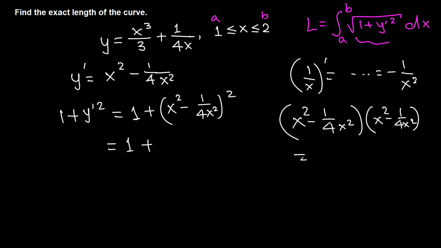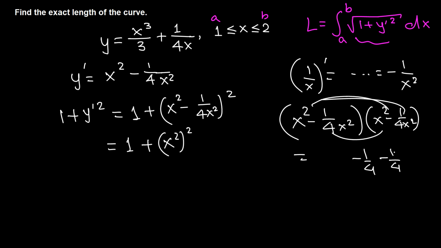Just FOIL this and we get x squared times x squared, which is x to the fourth. When we multiply outer and inner, x squared times negative 1 over 4x squared is just negative 1/4, and the inner is negative 1/4.